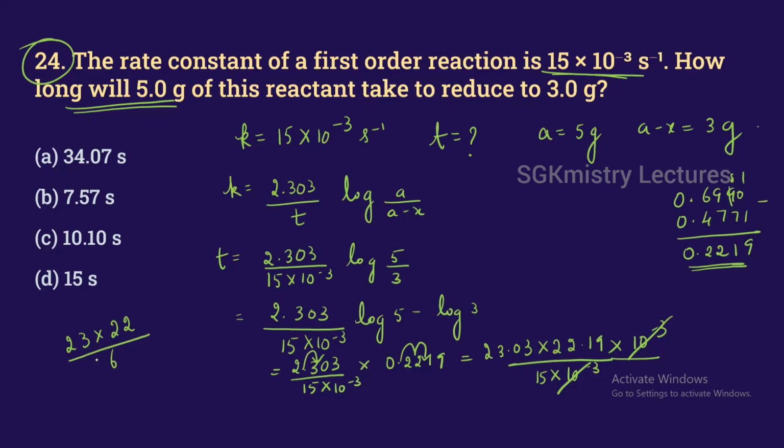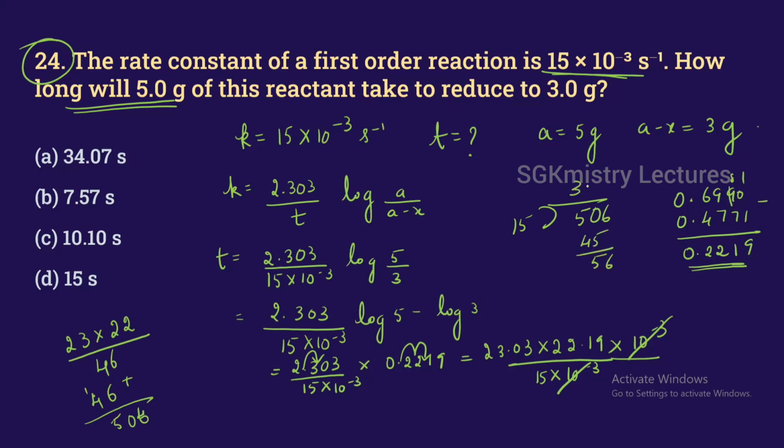2 3s are 6, 2 2s are 4, 2 3s are 6, 2 2s are 4, again 6, 10, so 506. So 506 divided by 15, so that you get an approximate value to easily identify the answer. 15 3s are 45, we have 56 again.